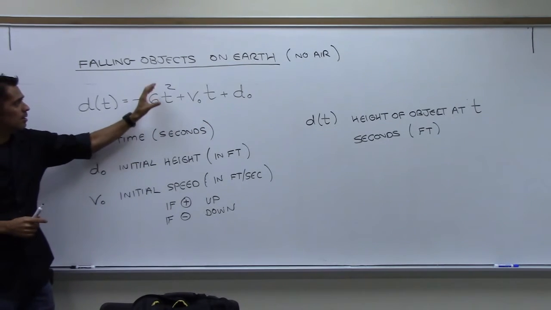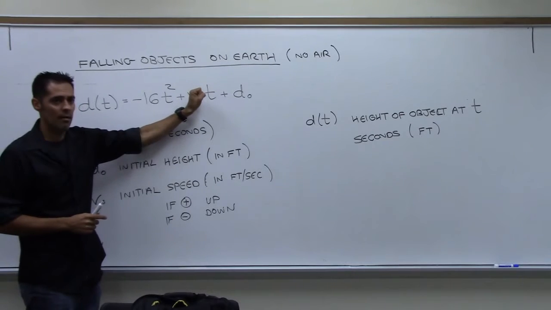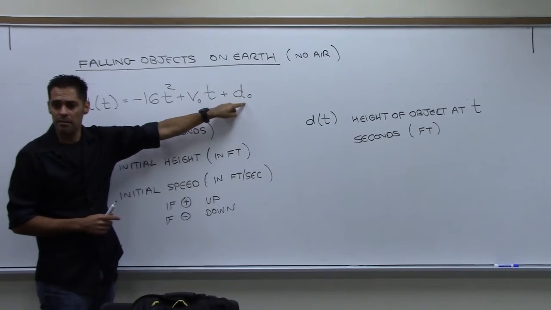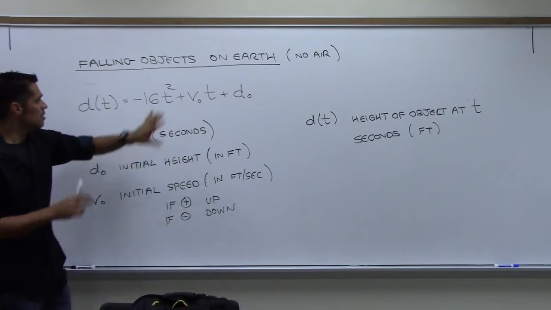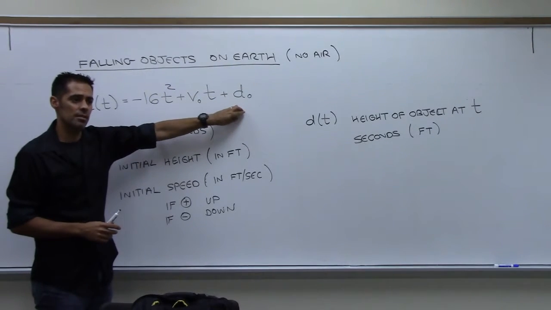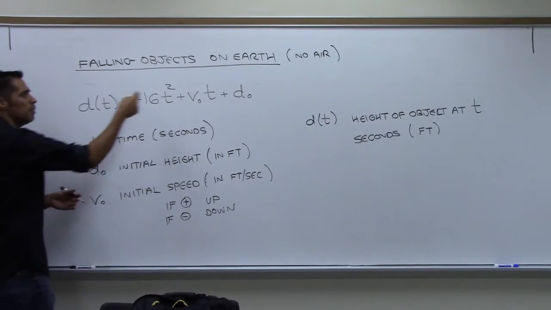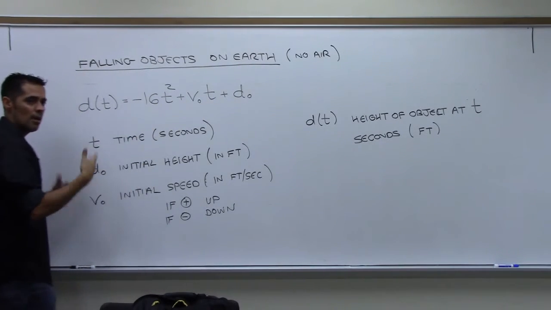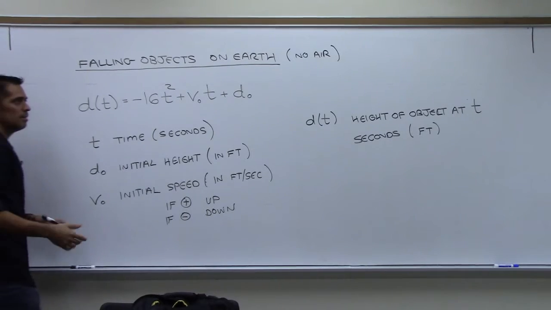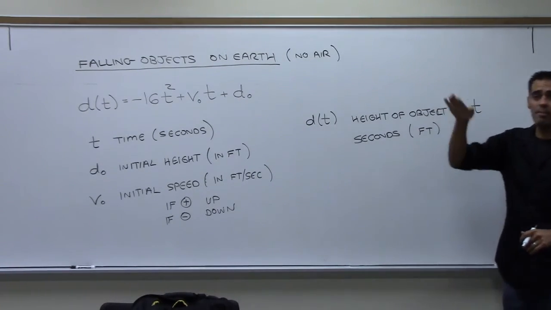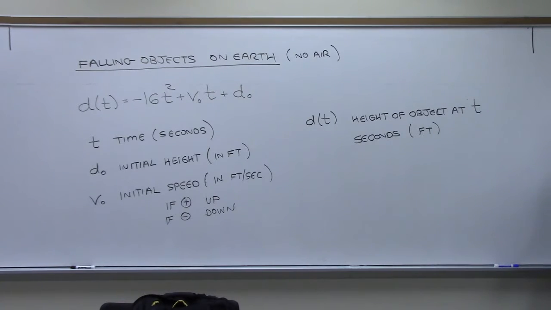Whatever that is, right? D naught. Because we plug in t as 0, that's gone, and all we're left with is this. What about how high is the object at t equals 1? Well, we'd have to plug 1 in and figure out what the answer is. The important thing to note is that the left side tells you how high your object is after some given point in time.